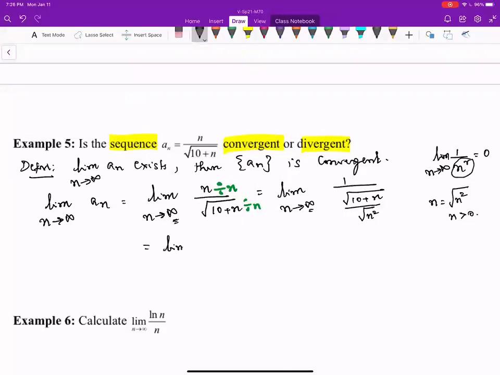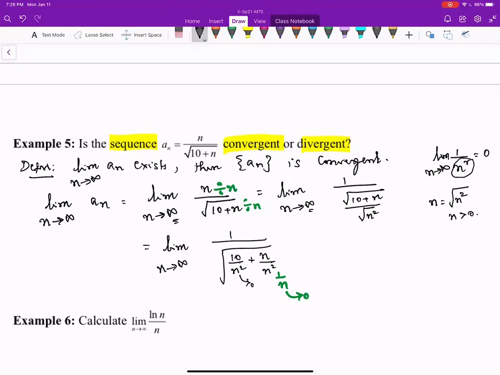That is the limit as n approaches infinity of 1 divided by everything within the radical: 10 divided by n square plus n divided by n square. 10 divided by n square, a number divided by a very large number, is 0, and n divided by n square is 1 divided by n, which equals 0 as n approaches infinity.